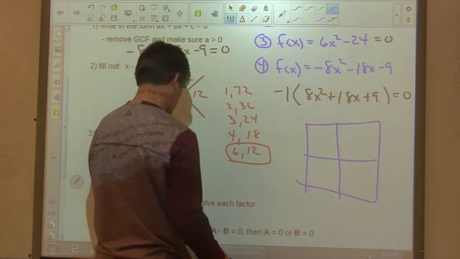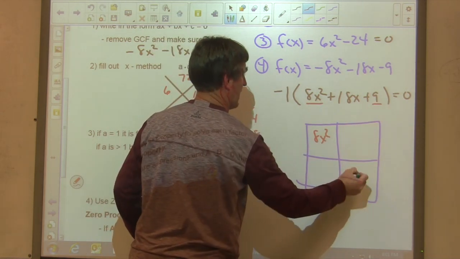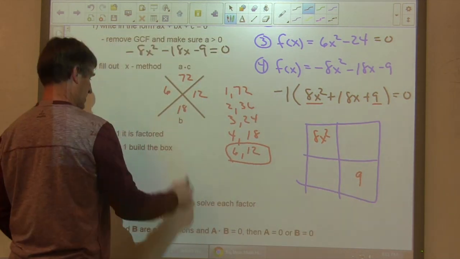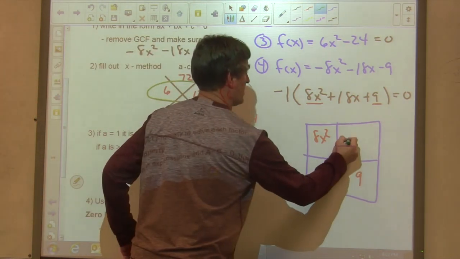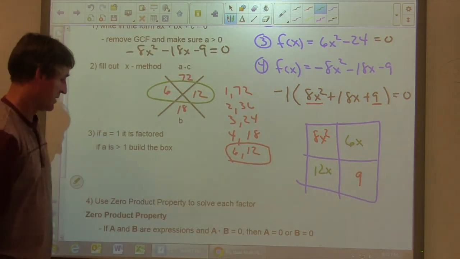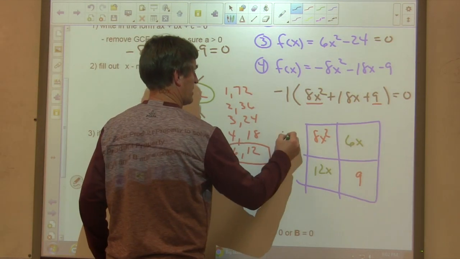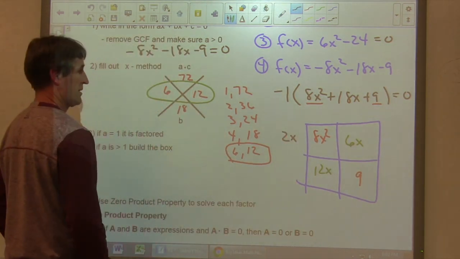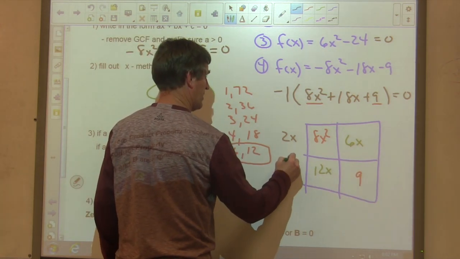Our first box, first term, 8x squared. 9 goes in the last box. And then fill in the other two, 6x and 12x. Pull out the greatest common factors: of 8 and 6 are 2x, of 12 and 9 would be 3.